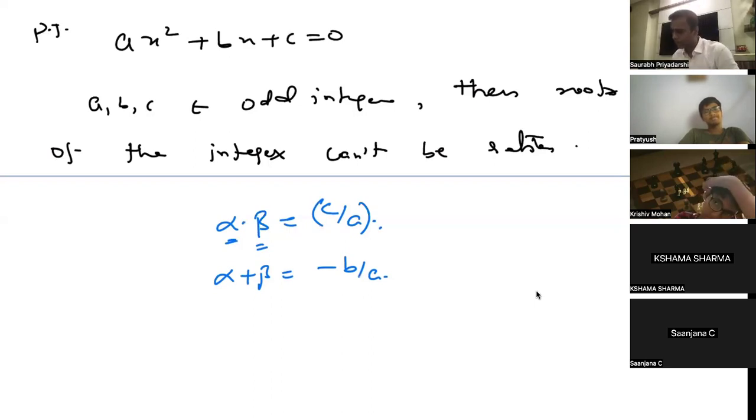I'm saying that if A, B, C are odd integers, then the roots alpha and beta cannot be rational. So alpha and beta may be rational numbers like 1 by 2 or 2 by 7, and adding two such numbers is difficult to say, I guess.